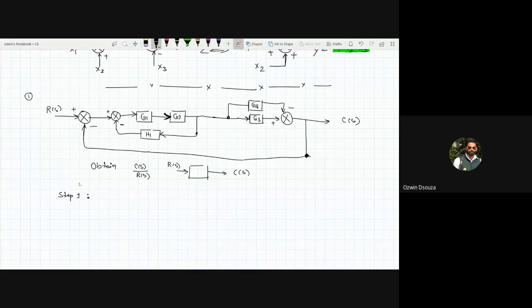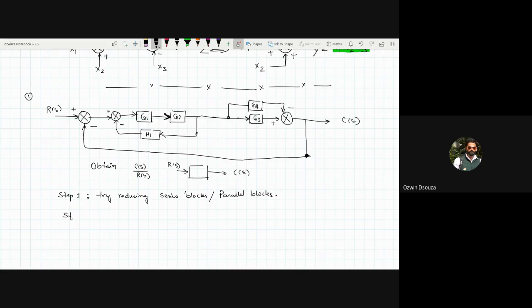Step 1 should be: try reducing series blocks or parallel blocks. So try to check whether there are any series connected blocks or any parallel connected blocks in the system.